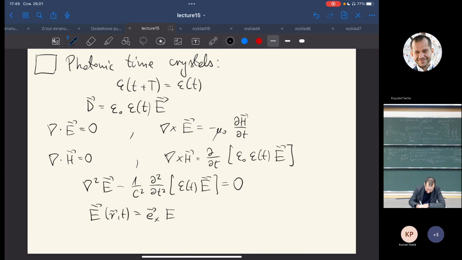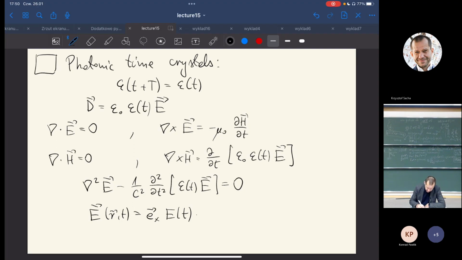This is a function which depends on time, and because we have a homogeneous medium, the wave vector is a good quantity, a conserved quantity.